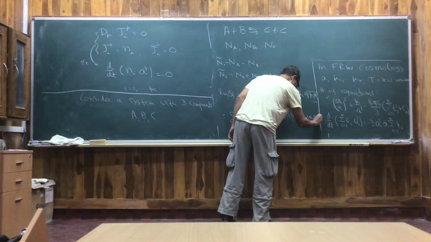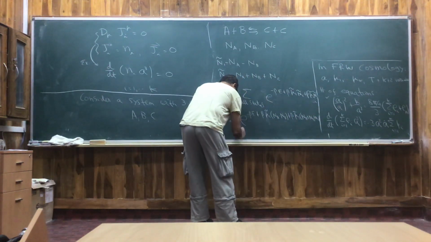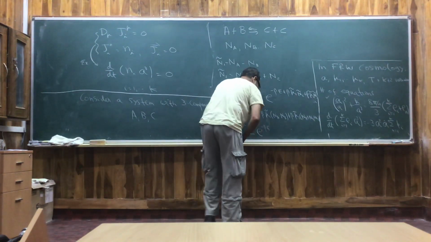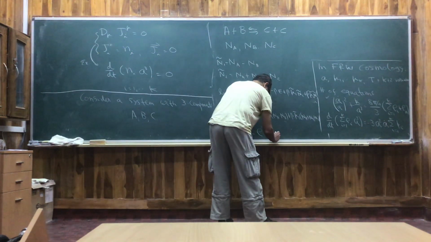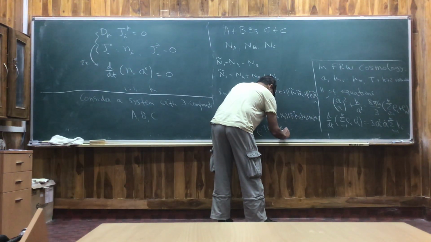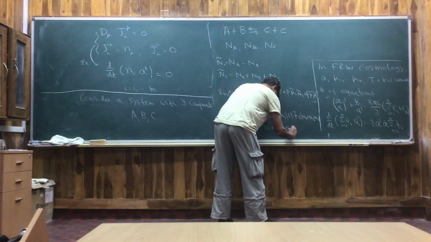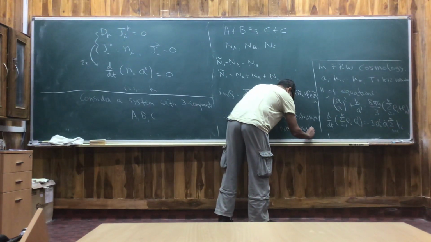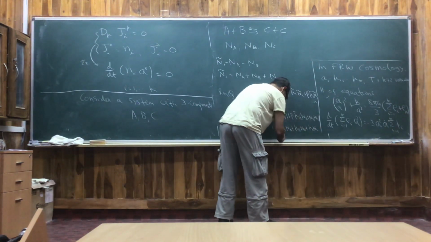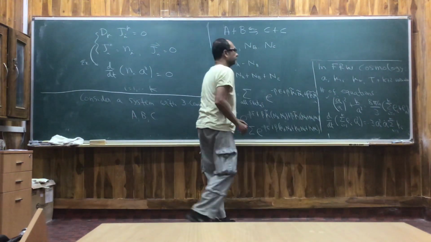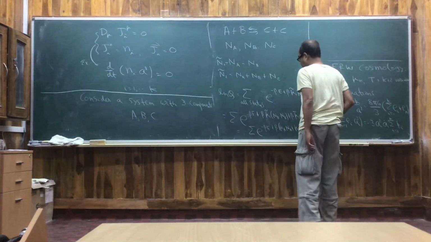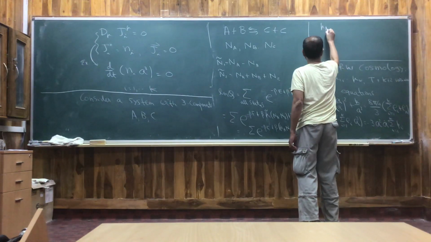So the sum is over e to the minus beta E plus, let me write it as, beta times mu A Na plus mu B Nb plus mu C Nc, where mu A you can easily read out from here.